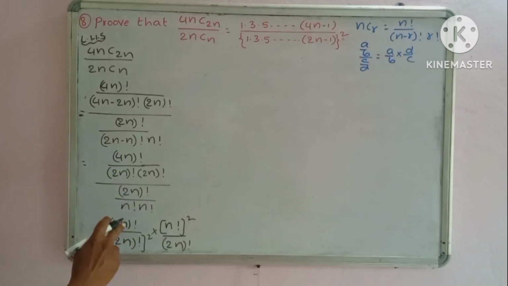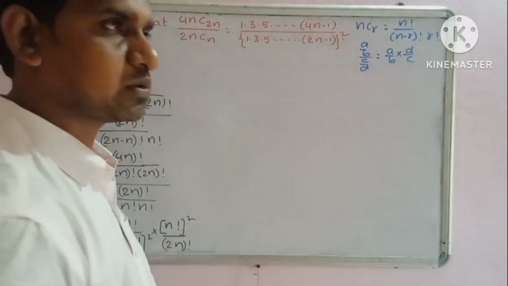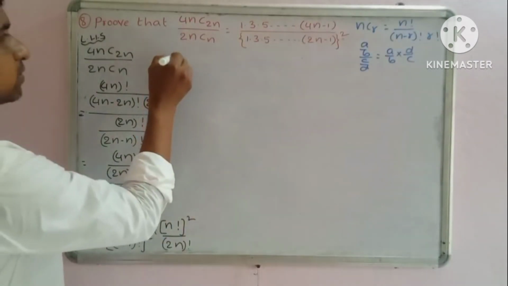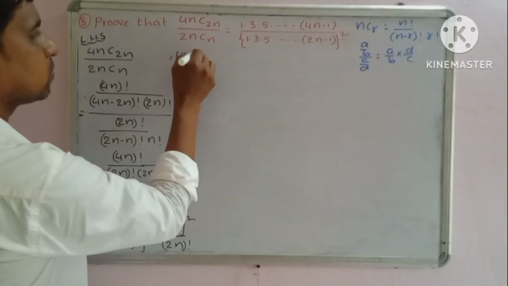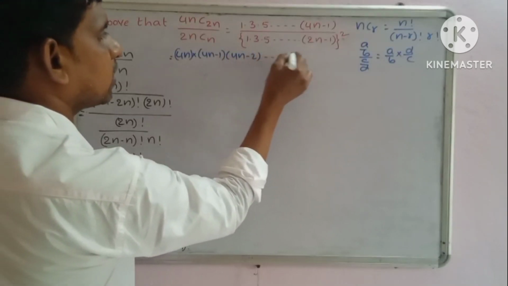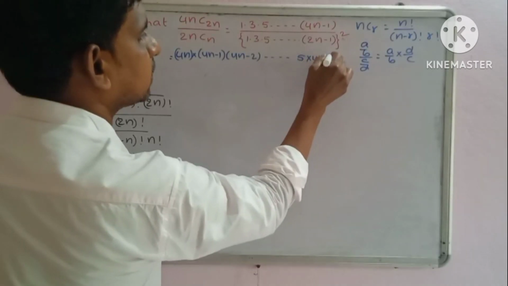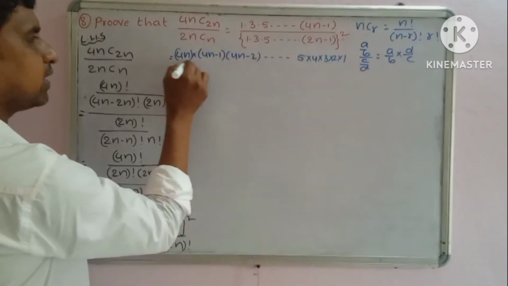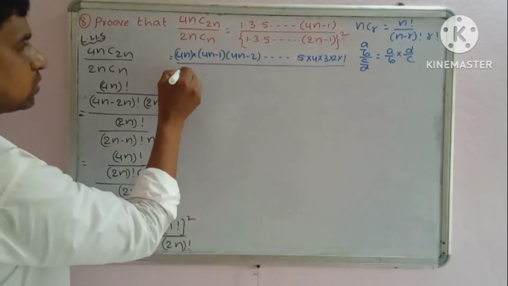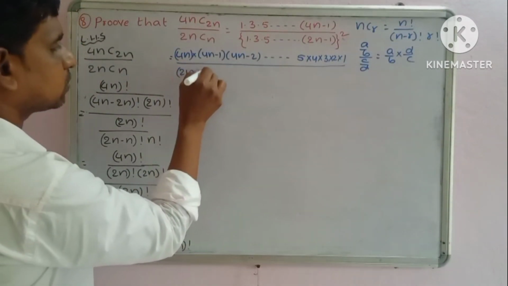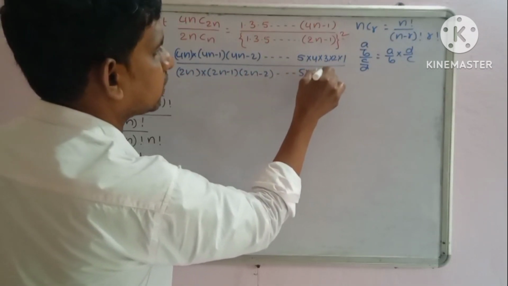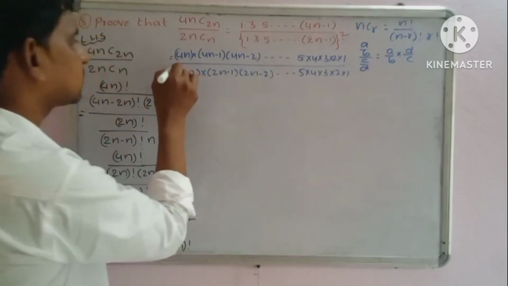Now the expansion of 4n factorial. The expansion of n factorial is n into n minus 1 into n minus 2 and so on. So 4n factorial is 4n into 4n minus 1, 4n minus 2, so on, 5 into 4 into 3 into 2 into 1, divided by the denominator, also 2n factorial: 2n into 2n minus 1, 2n minus 2, so on, 5 into 4 into 3 into 2 into 1, square.